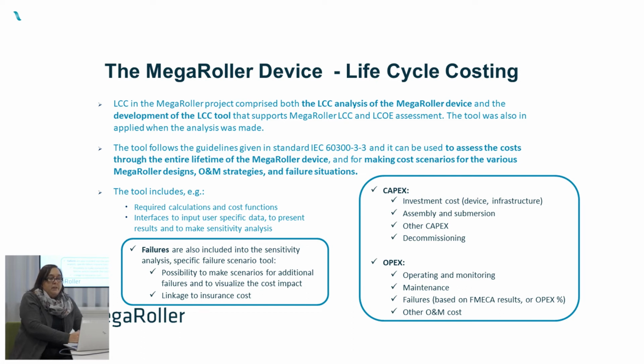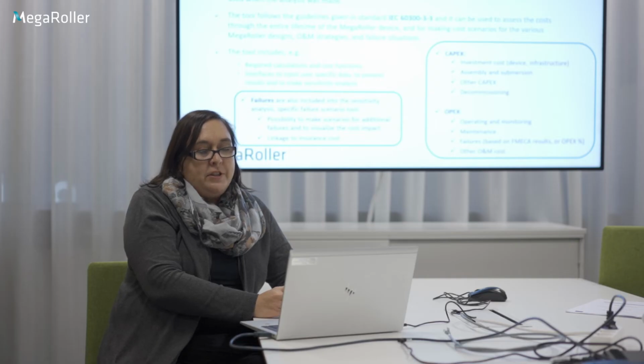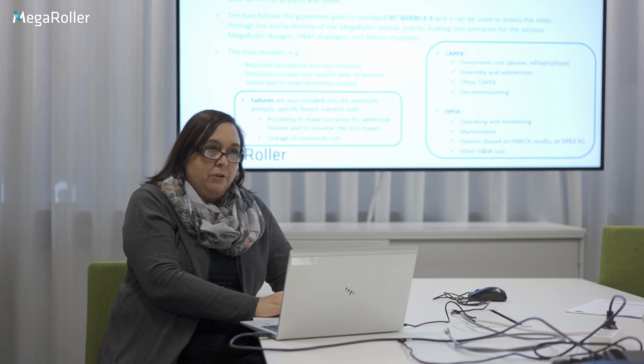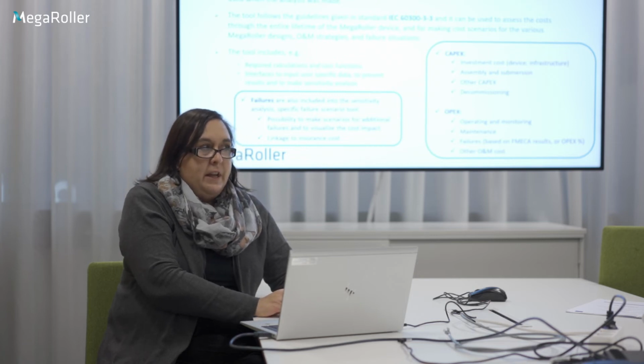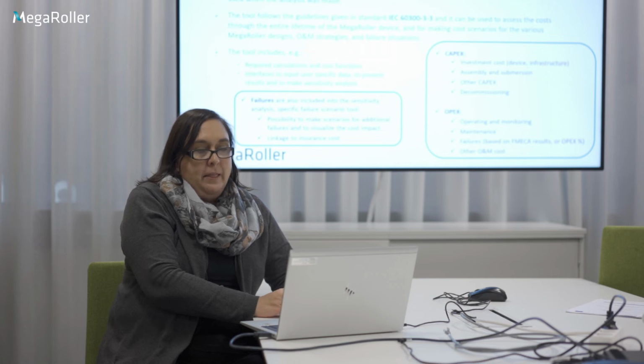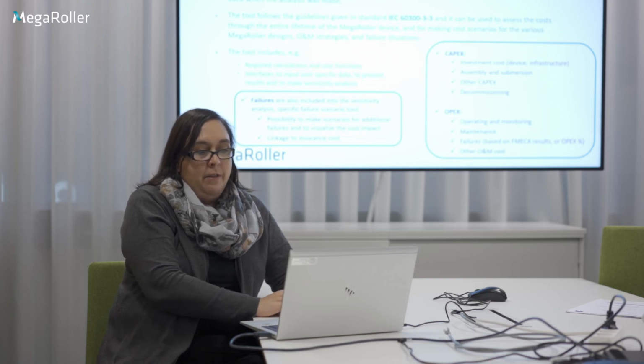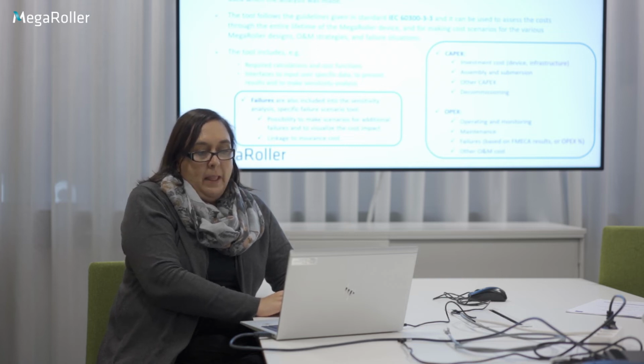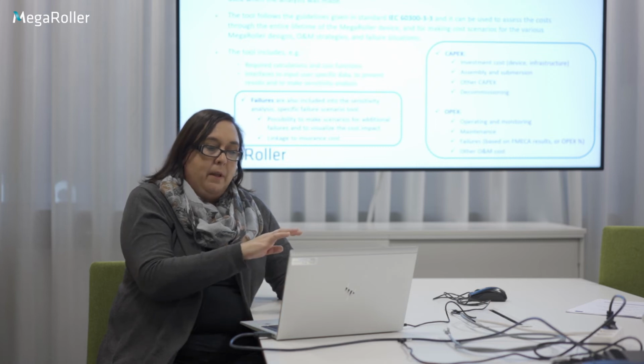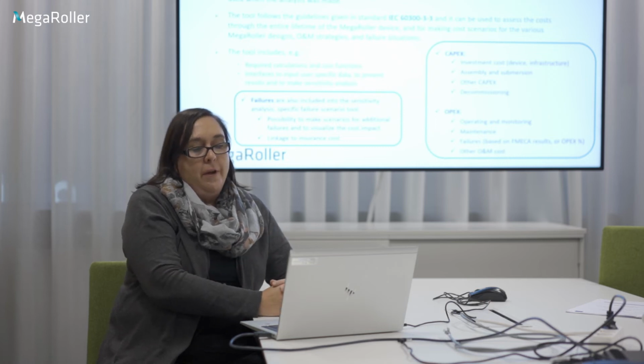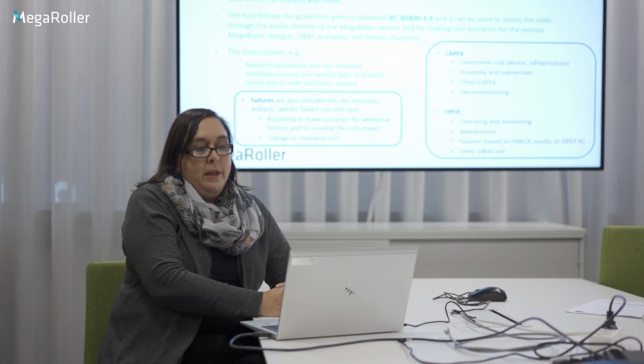So regarding the analysis, we first defined a really detailed cost structure together with VTG and AW Energy, and this cost structure is also included in the tool, and here you can see the very high level structure of the cost. So we modeled the capex.